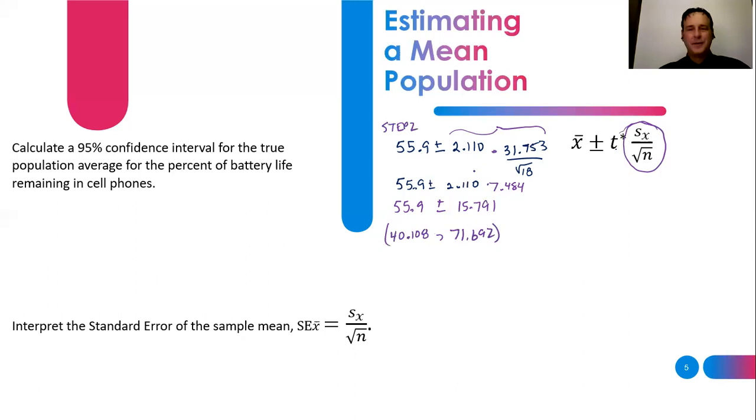Okay, and what do I do with that? Well, I go to step 3, and I'll put that underneath this formula. All right, and we're going to write a confidence interval.